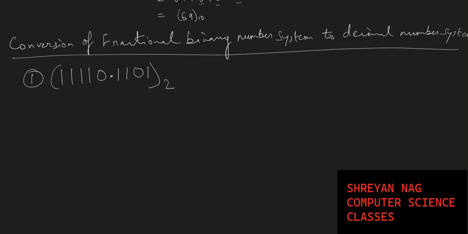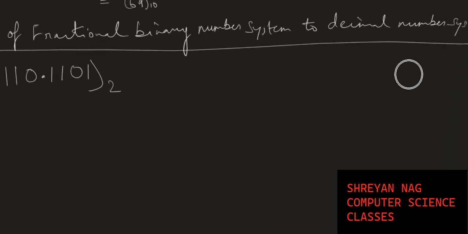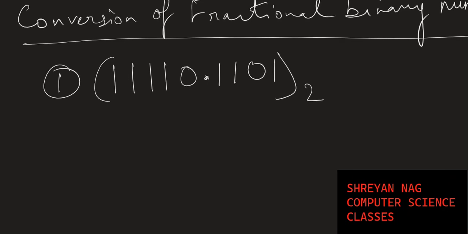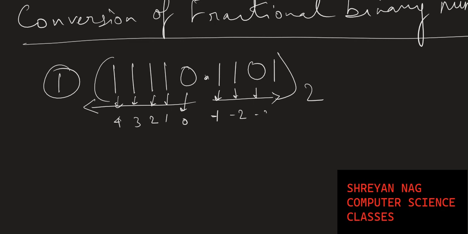Now how do you write this? So look here, the positions are, just take it from here, 0 1 2 3 and 4. From the point side, we can say that the positions are -1, -2, -3 and -4.